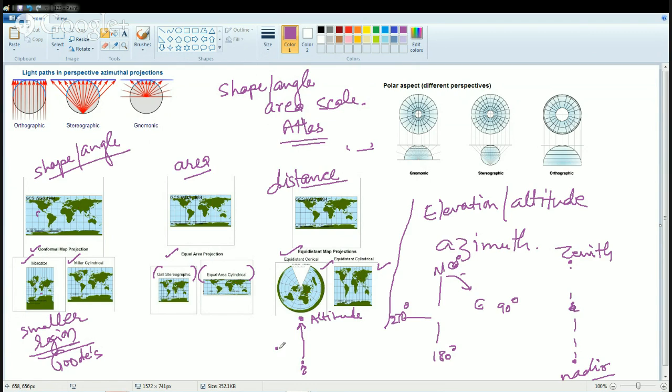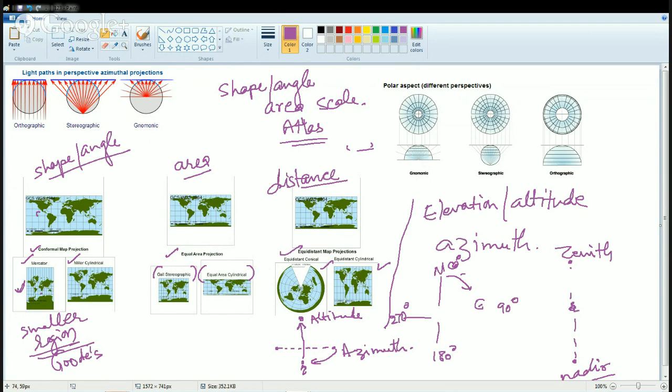Then there would be a center point running from here to the observer, and that would be the azimuth. So in simple terms, we can understand the concept of azimuth and altitude. Now, what is a rhumb line? Rhumb lines are the lines that cut all the meridians at the same angle and show true direction. So here is where we can find the rhumb lines. They are all cutting at the same angle.